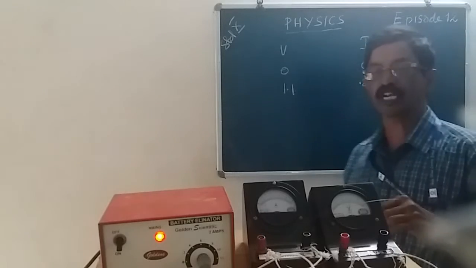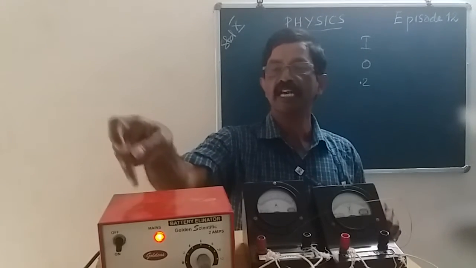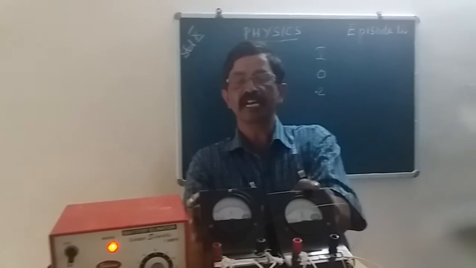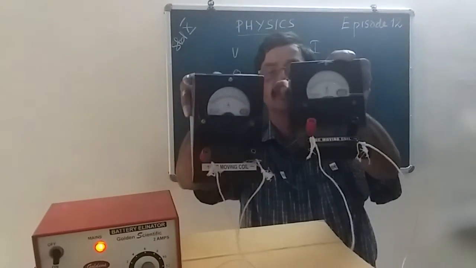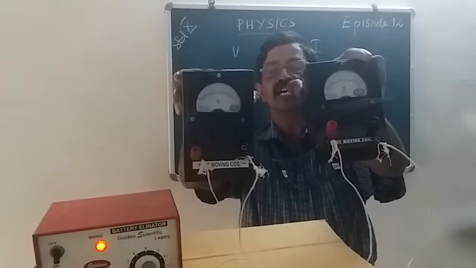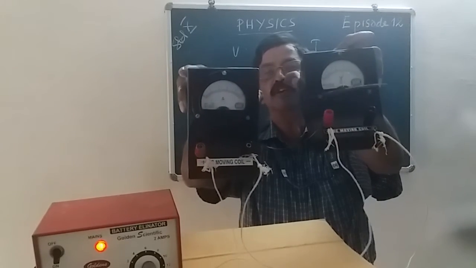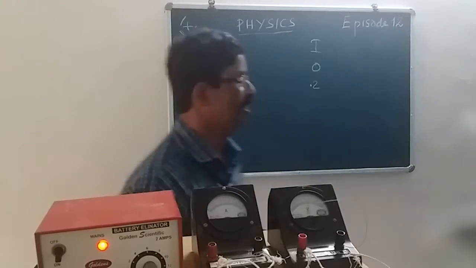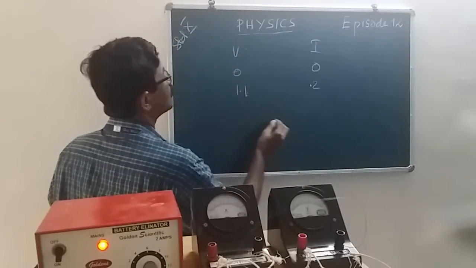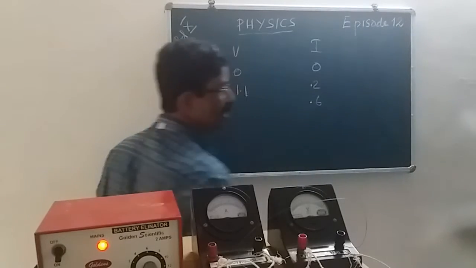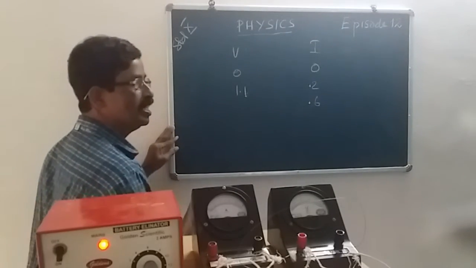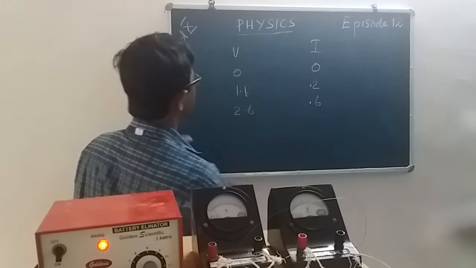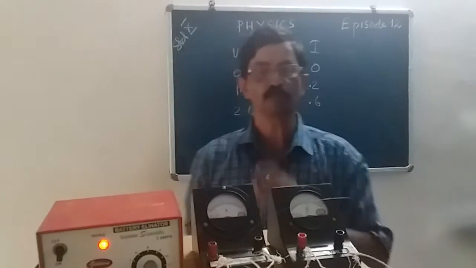Now the applied potential is increasing. I have given a battery potential of 4 volt. Now what are the potential and current in the ammeter and voltmeter? Now the current becomes 0.5, not 0.6, it is only 0.5, and the potential difference is approximately 2.6.